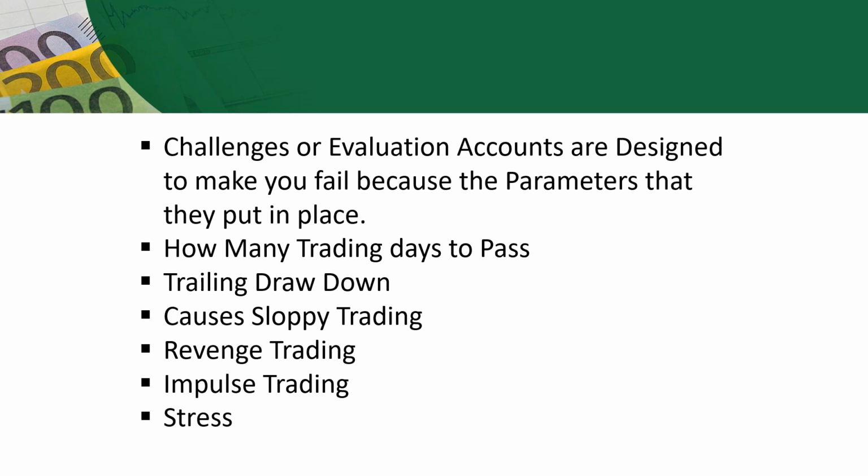The trailing drawdown, which is a big one. I've had traders in the room say to me, I'm only like $30 or $40 away from passing my evaluation, or $100 away. And I tell them, switch to micros. It might take you a couple more days, but you'll be happier.